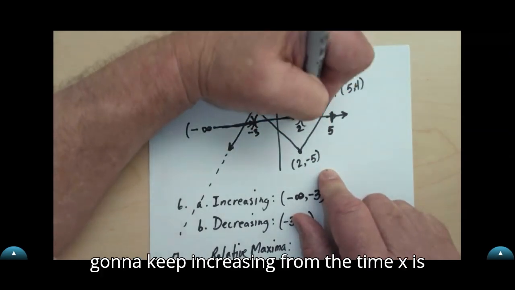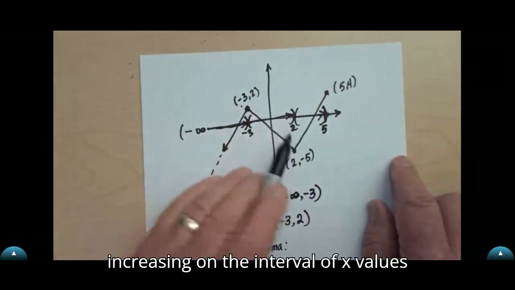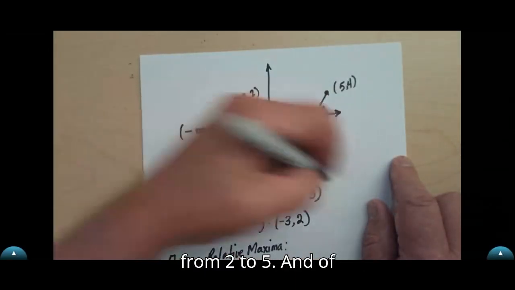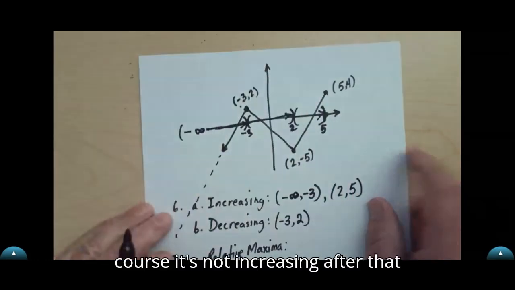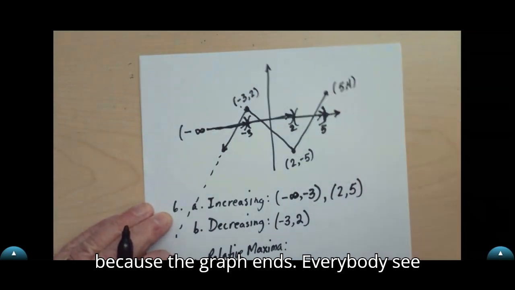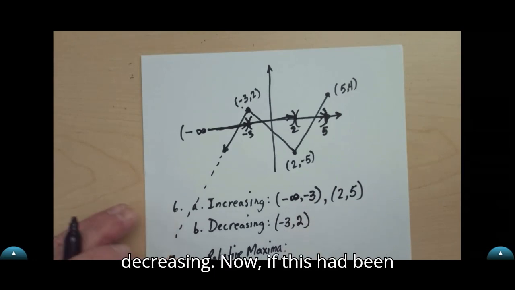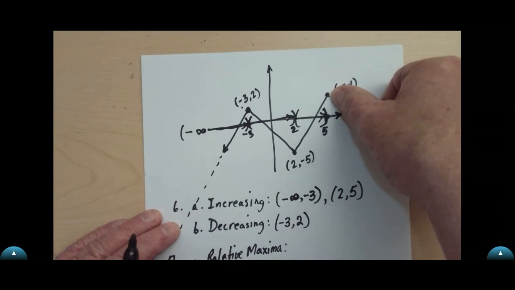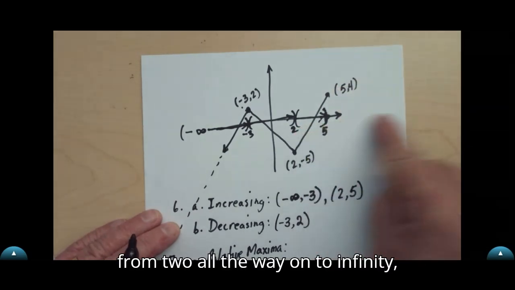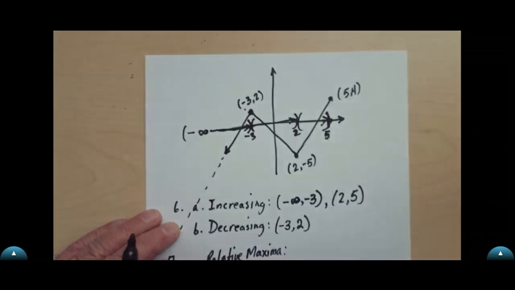And it's going to keep increasing from the time x is 2 all the way up until x is 5. So increasing on the interval of x values from 2 to 5. And of course, it's not increasing after that because the graph ends. Everybody see that? So there's 2 intervals where it's increasing, 1 interval where it's decreasing. Now, if this had been an arrow on this end, do you agree that it would be increasing from 2 all the way on to infinity, right? But in this case, there's not. Everybody good there?